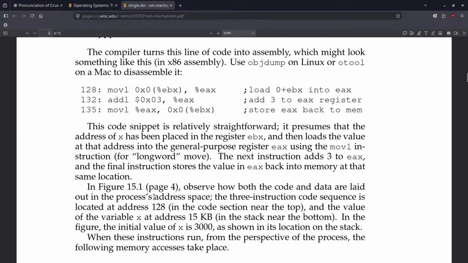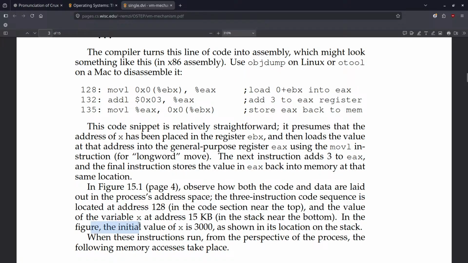In figure 15.1, observe how both the code and data are laid out in the process address space. The three instruction code sequence, and the value of the variable x in the stack near the bottom.